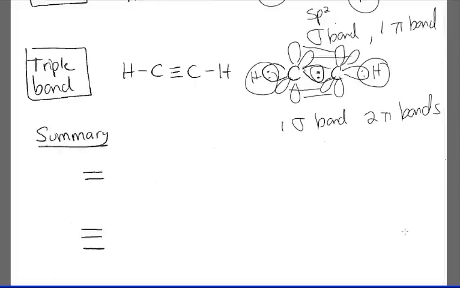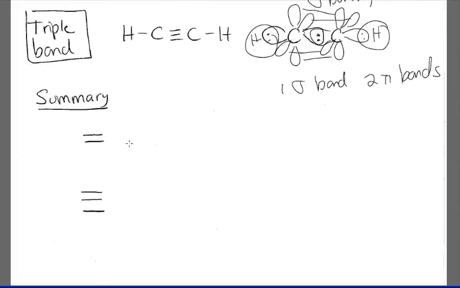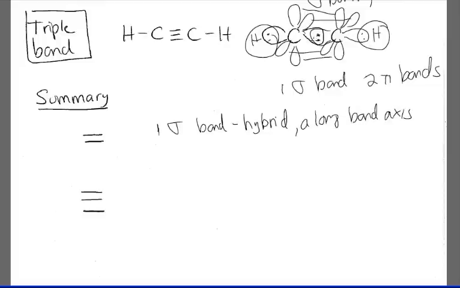All right, so let's summarize. Whenever you have a double bond, one of them will be a sigma, and that's a hybrid, and it's along the bond axis, just like this one here.